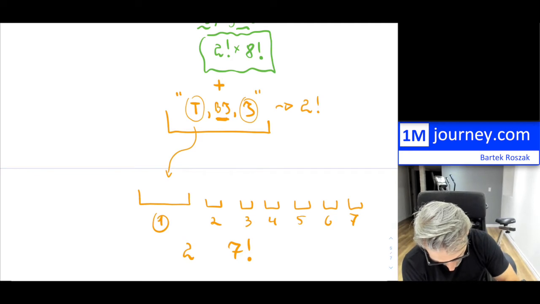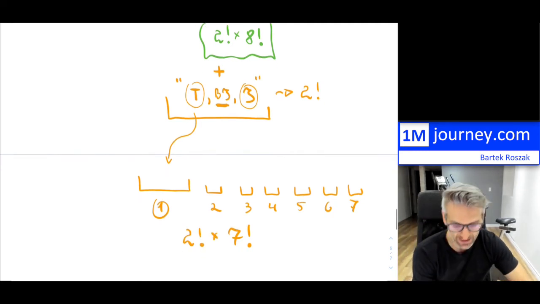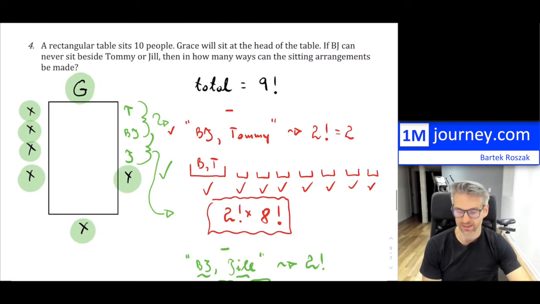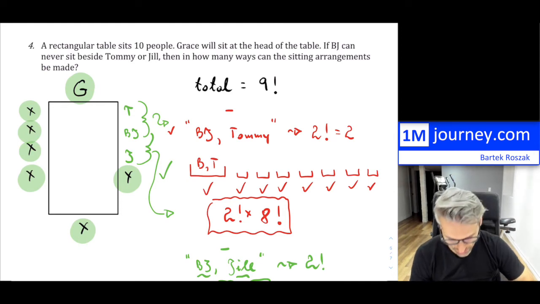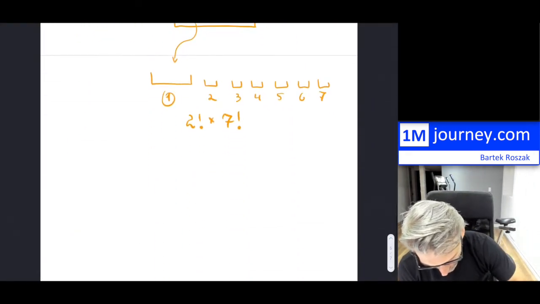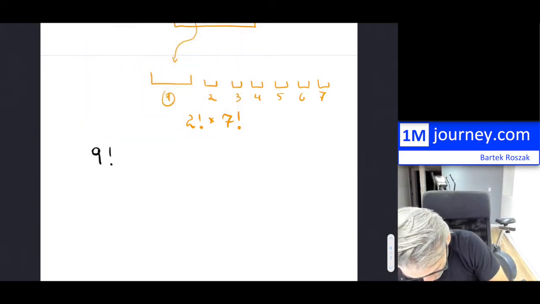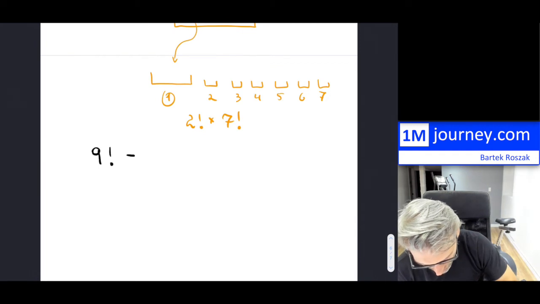And then when these guys were together, that would have been that. And we have to add it, because what we don't want is to be subtracting it 2 times. So this is a rather lengthy example where you have 9 factorial ways minus, right?